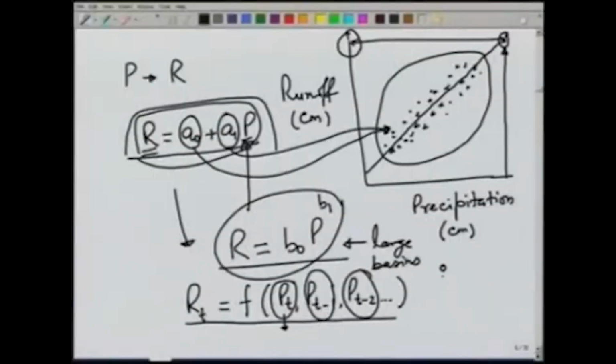In that case, artificial intelligence models like ANN, artificial neural network, also have been used, in which we put the input values here as P t, P t minus 1, maybe the temperature also, and all these inputs result in one output, which is the runoff at time t, and in between we have these various layers of neurons which convert this input into this output R t. But ANN models are a little more advanced, we will not discuss them here in this course.